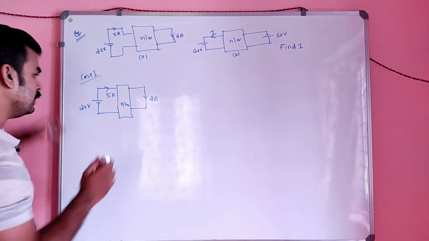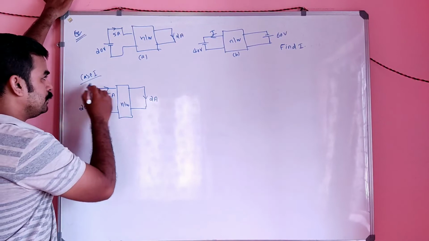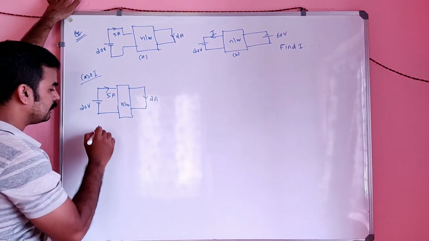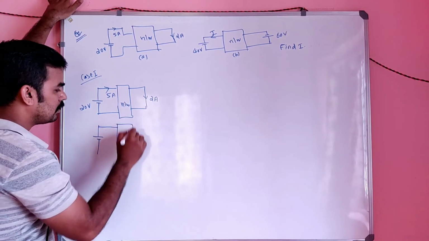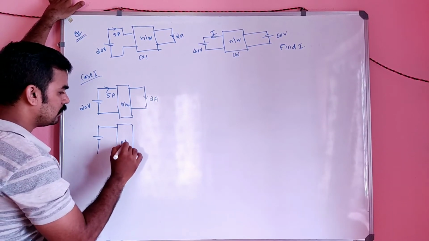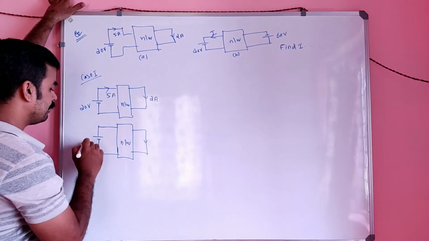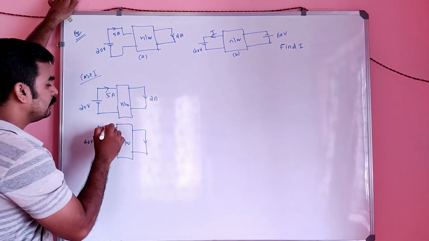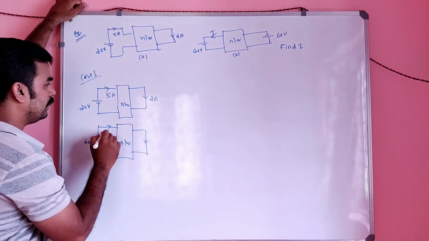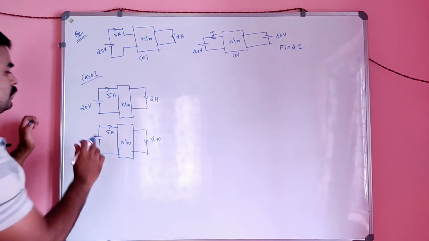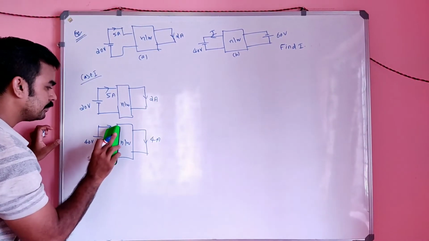Homogeneity principle, no? So in case 1 itself you can draw another figure. For the 40 volt figure, it will not be 5 ampere, it is 10 ampere.